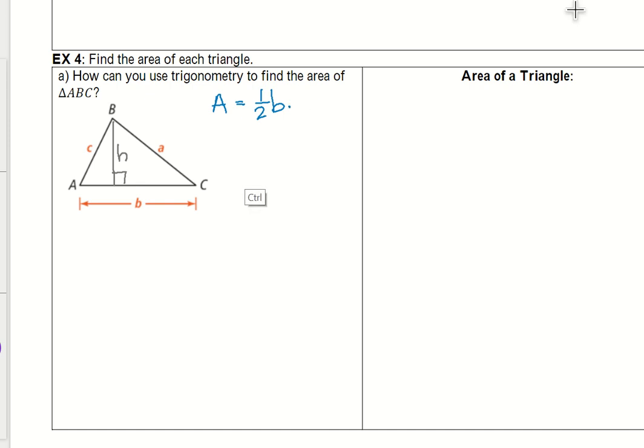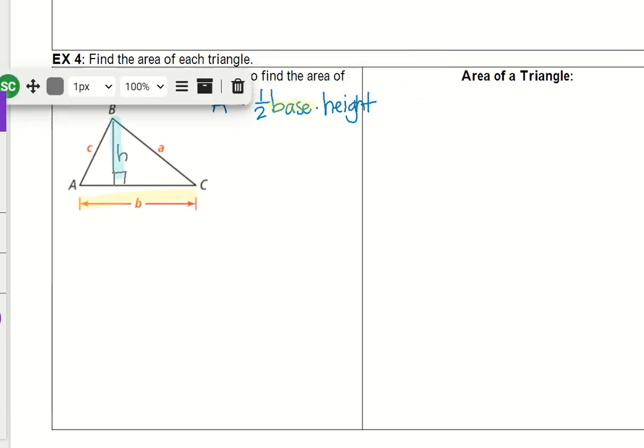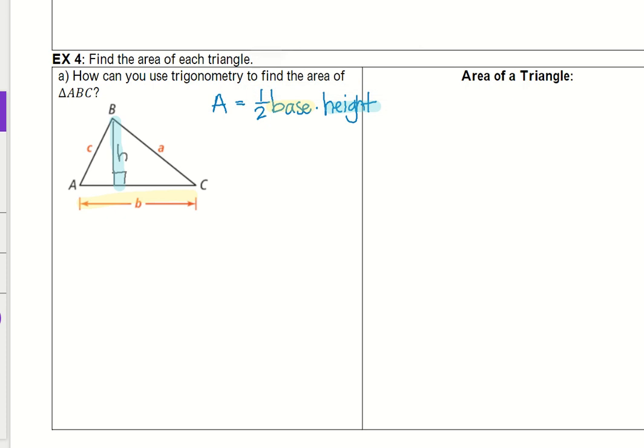I'm going to write that in words. 1/2 base times height. So in this triangle, they've labeled the base as B, and then we just created this height H. And so the problem here lies in that I know then that it's 1/2 whatever the length of B is, but I have no idea what H is.